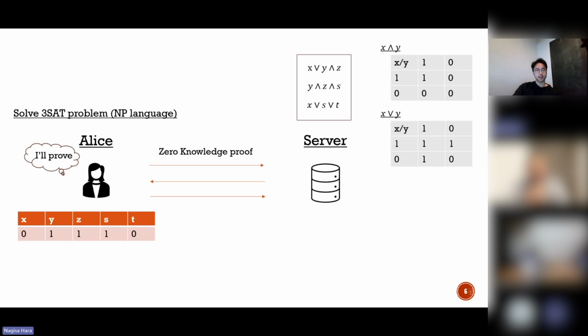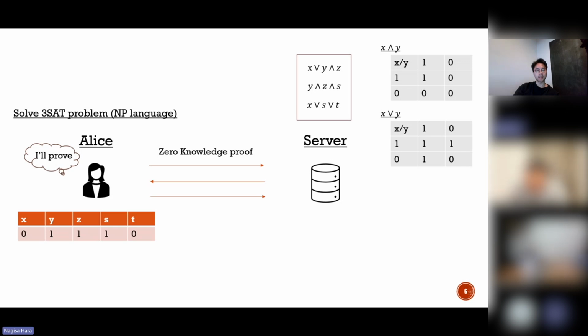Now imagine the case where Alice knows the witness. You can easily check that this satisfies the three equations. Alice wants to prove that this instance is a yes instance by using this witness. Since she doesn't want to leak information about such a witness, she employs a zero knowledge proof.